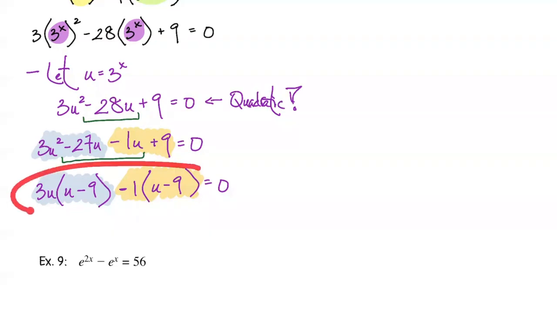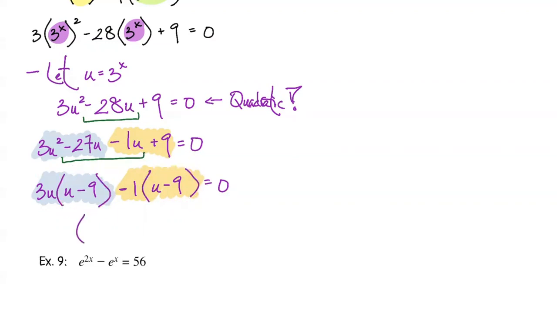Now here's the beautiful part about this. If I look at everything on this side, what's the greatest common factor here? This first term in the gray has u minus 9, but the term in the yellow also has a u minus 9.